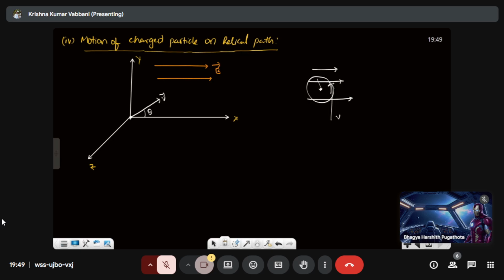But in this case I am giving it at some angle theta, not 90 degrees. How will that particle behave? Generally in this case the particle is going to behave like this.